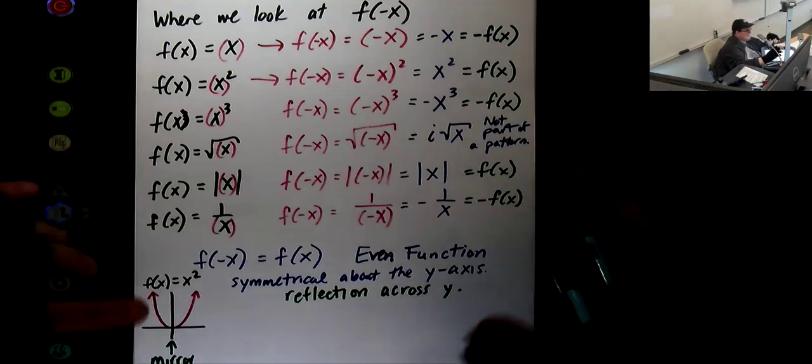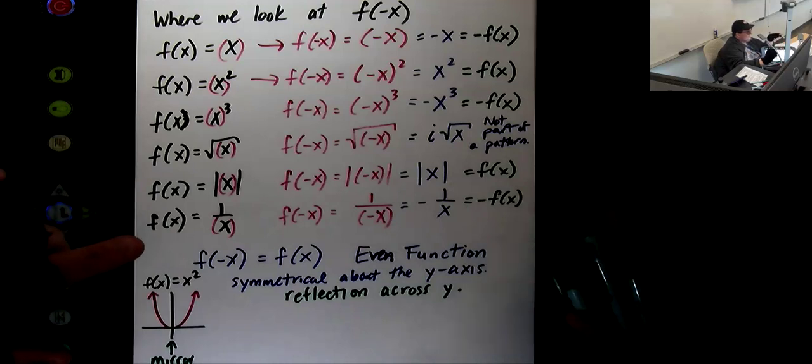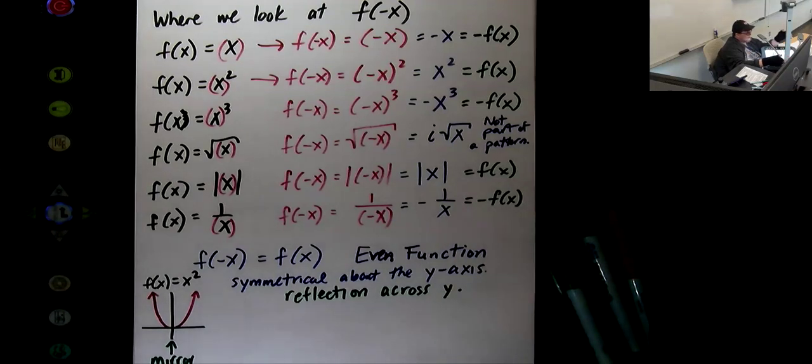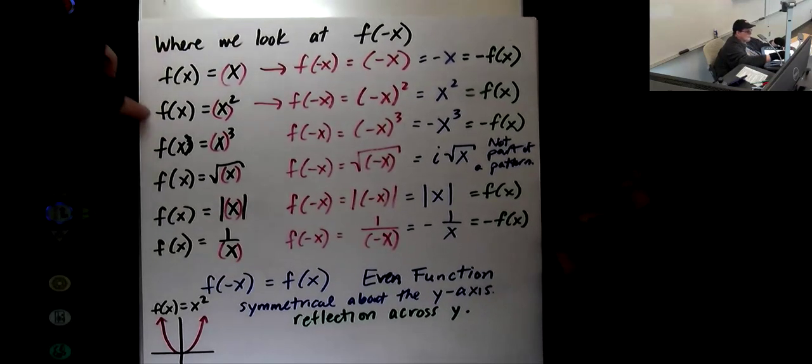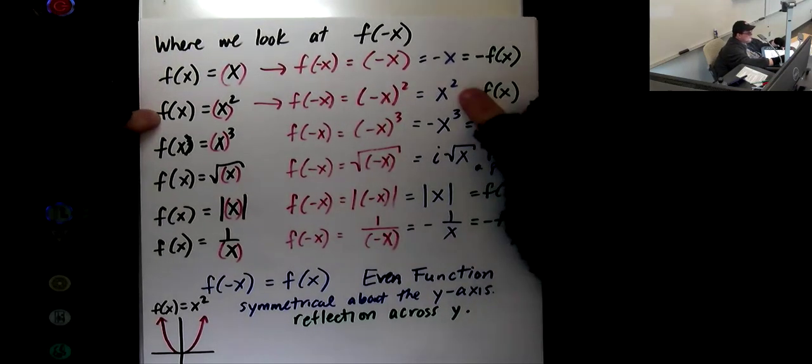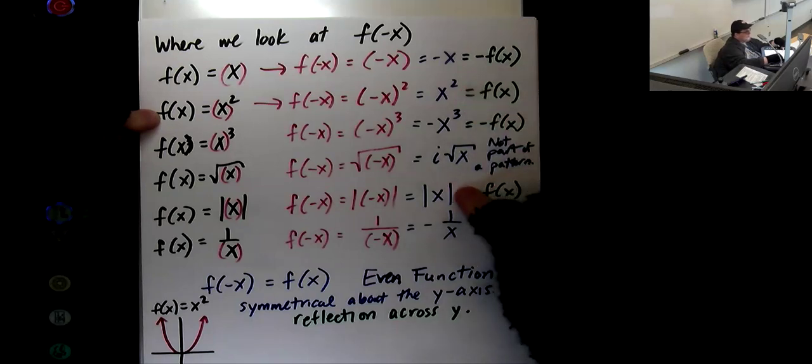And it tends to be that very few functions are even functions. As we'll see over the course of the semester, it's really only functions that have just even exponents, or absolute value. Absolute value has a special property of being an even function.